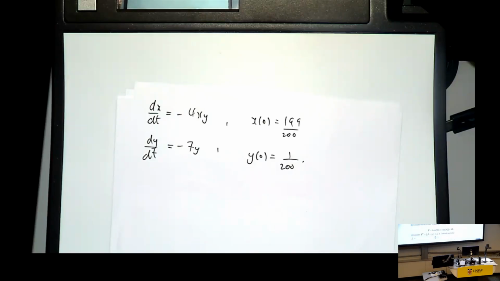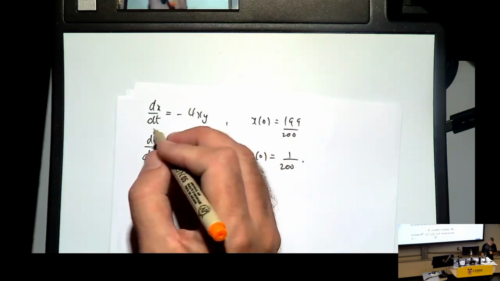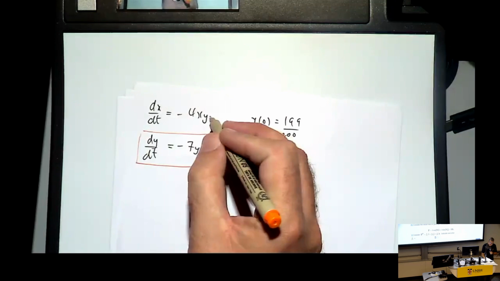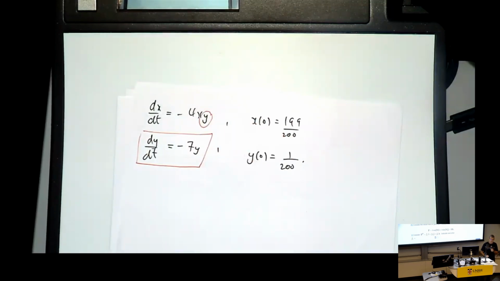Why do they say solve for y of t first? This one's super easy to solve, right? Who knows what that is? If I can get y from there, then I can sub it in there. So let's try it.